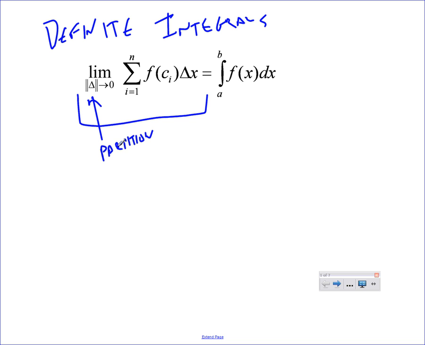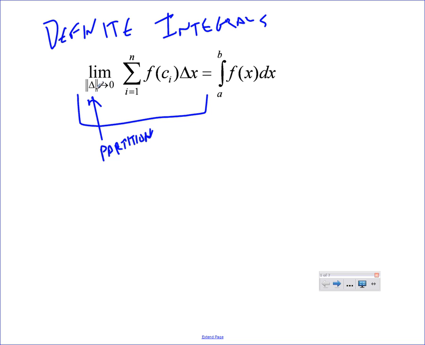If the boxes aren't the same width, we get the same result. So we look at what happens as the partition size approaches, that's the word, 0, then this limit gives us the area.